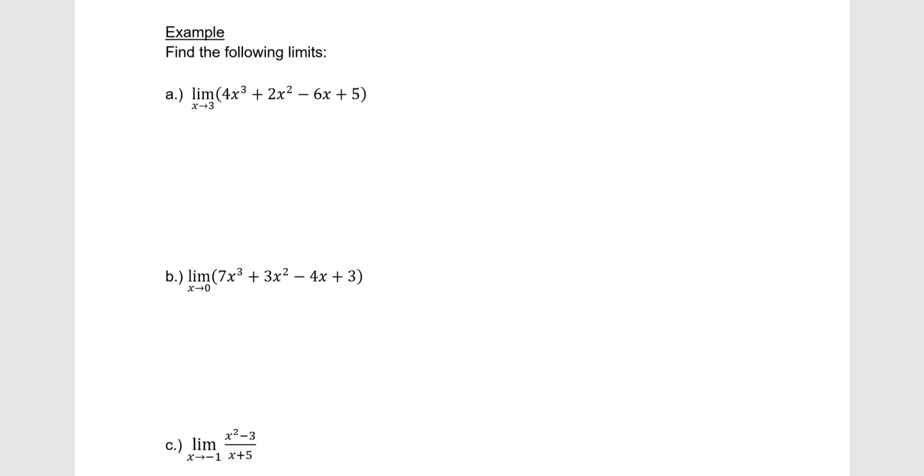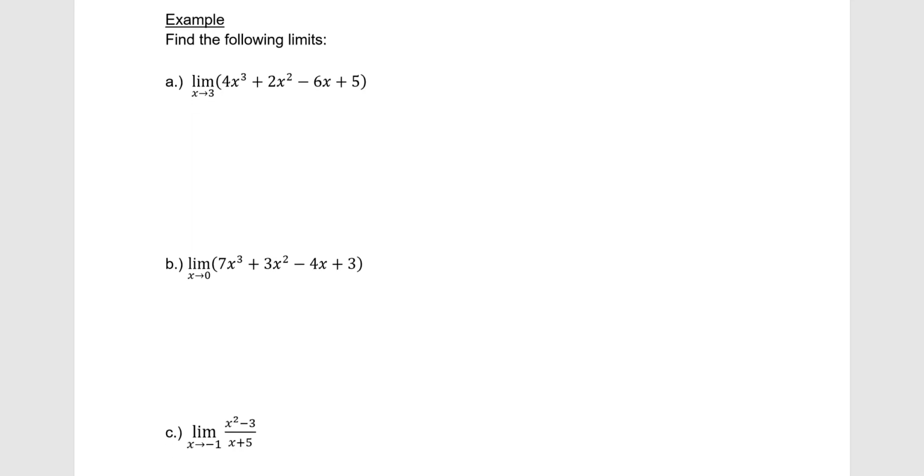So let's find the following limits. We want to find the limit of 4x cubed plus 2x squared minus 6x plus 5 as x approaches 3. Before, we said that we would have to break this apart using the limit rules, and it seems like a huge waste of time. All we have to do is recognize that this is a polynomial. It's continuous everywhere.